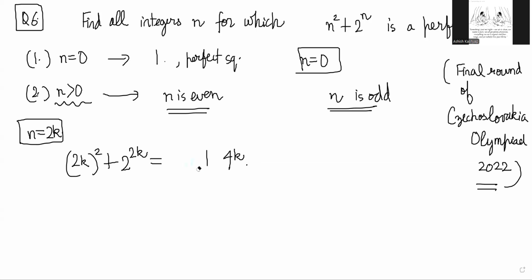You can just write it as, okay, keep it like this. Think of what this implies. 4k squared plus 2 to the power 2k.